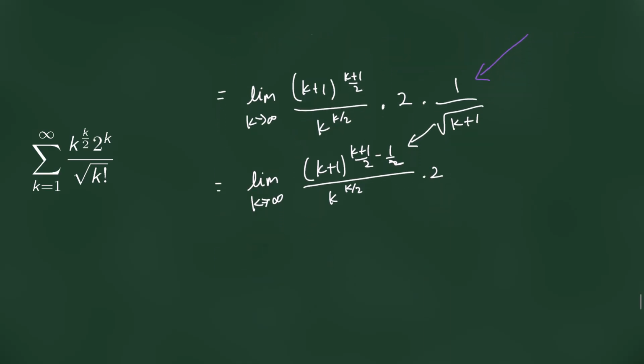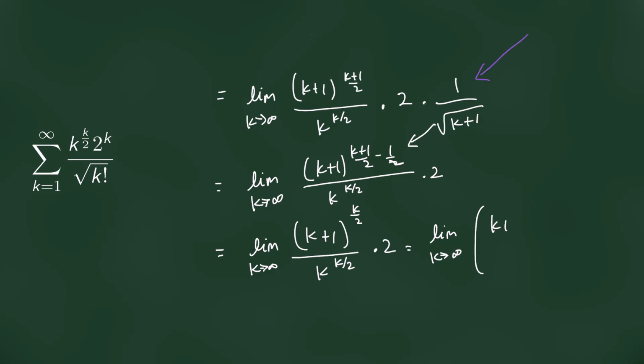All right. Simplifying that exponent now, I'm really having a hard time writing that arrow. We get (k plus 1) to the k over 2 over k to the k over 2 times 2. Since the top and the bottom have the same exponent, we can write them together. So we get (k plus 1) over k, to the k over 2, times 2.